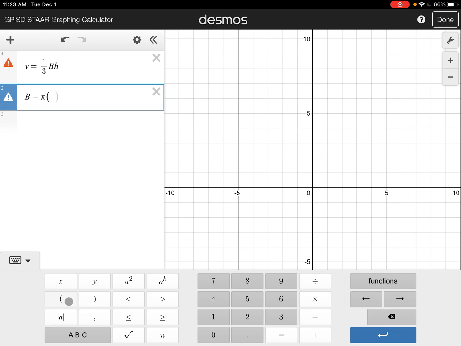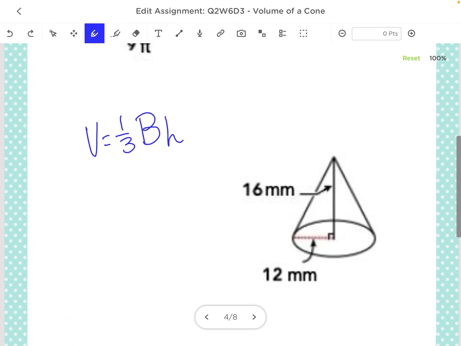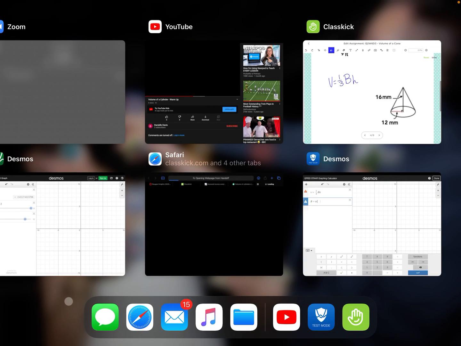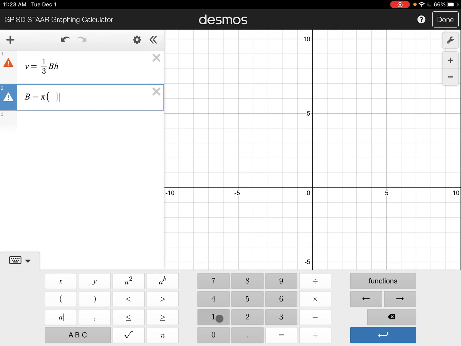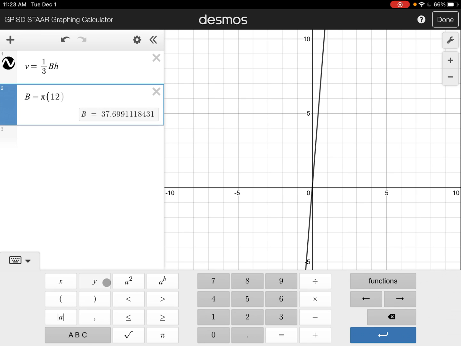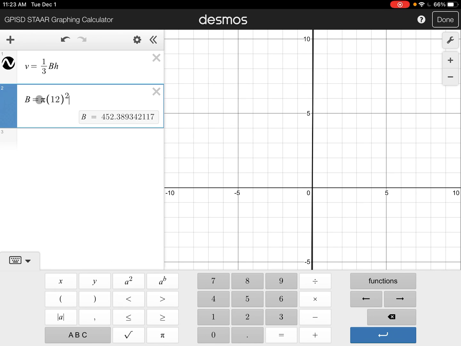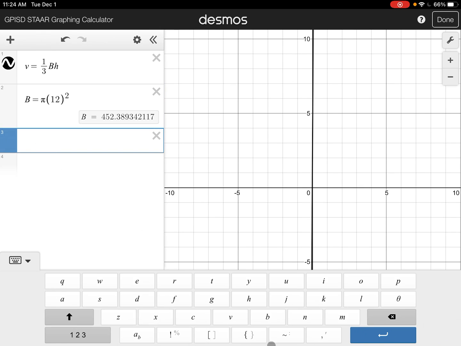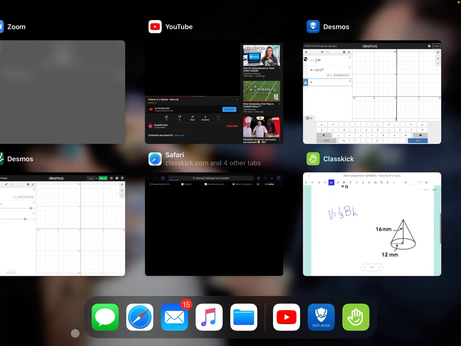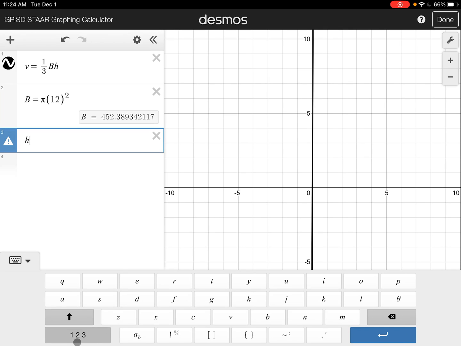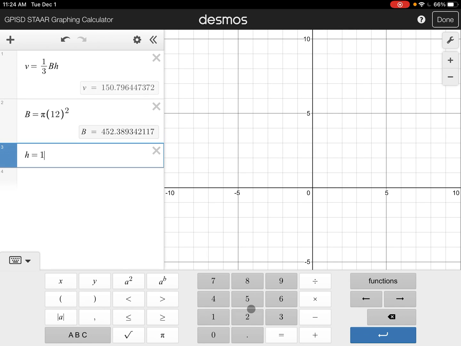Then I've got to find my radius. So my radius is 12, 12 squared. Okay, that's my area. Now I need to tell it my height for this one is 16. So H equals 16. And then looky there.